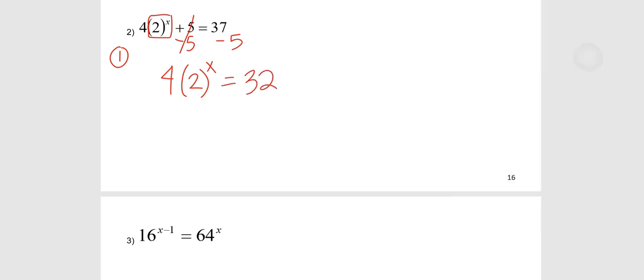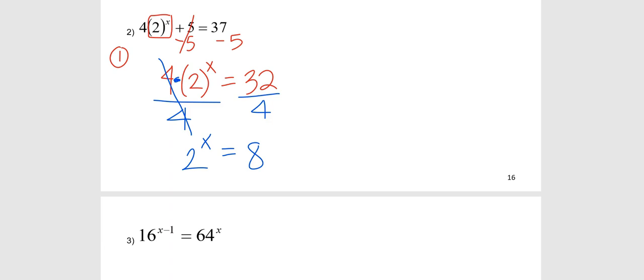And then we want to remove the 4, and since the 4 is being multiplied, to undo this, we have to divide, because 4 divided by 4 is 1, so this will go away and just put a 1 in front of the parenthesis, which has no effect. Okay, so all of that was step 1.